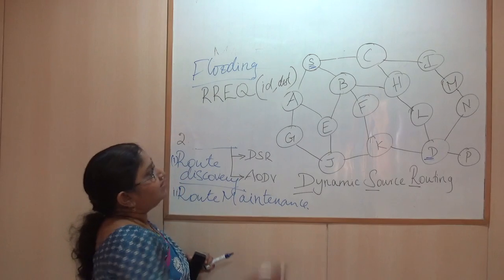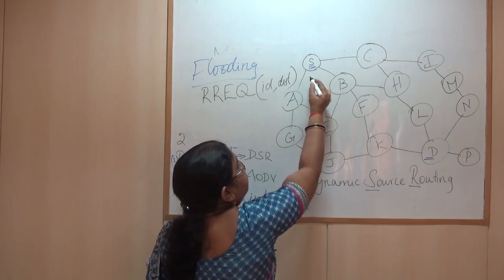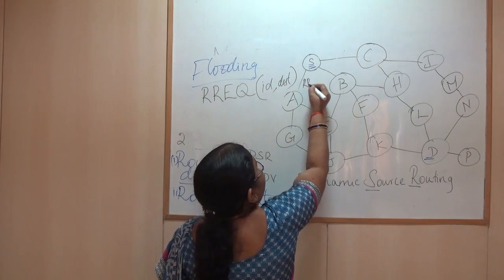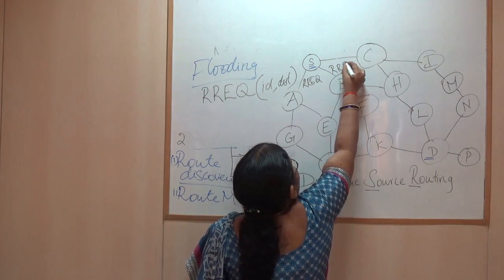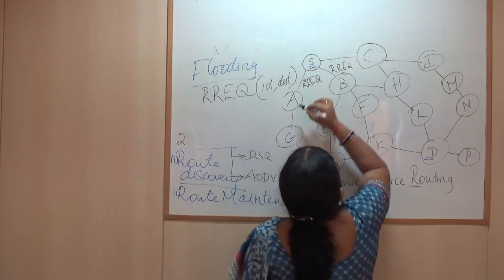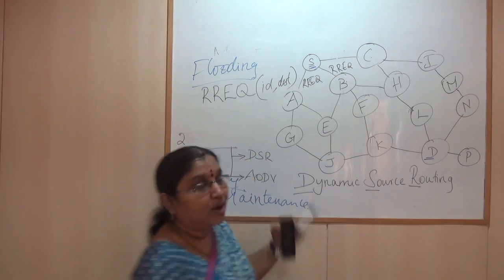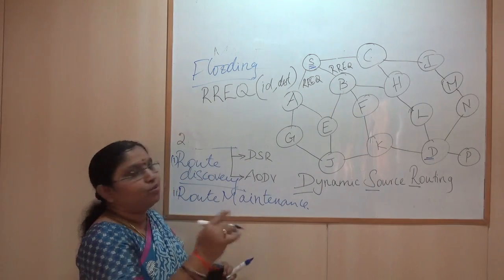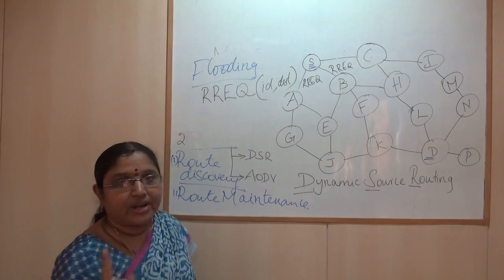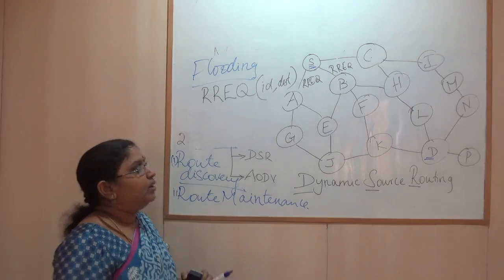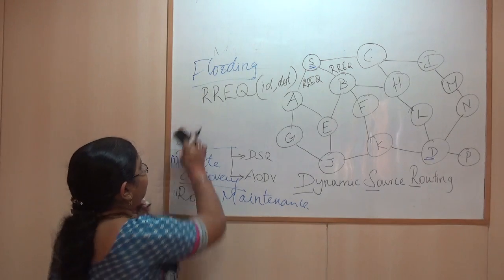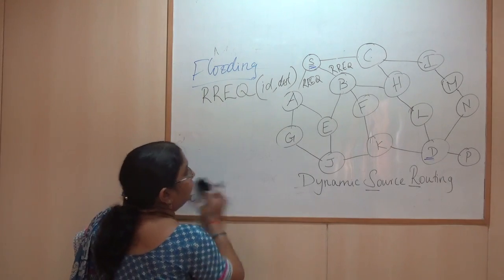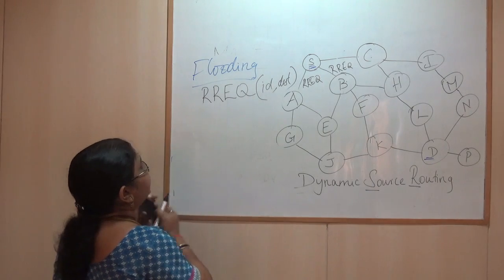Whenever S wants to send data, it sends a route request. The route request is received by all its neighbors. The neighbors of S are A, B and C, so all three neighbors will receive the route request. Once a route request is received by a node, the node does three things.